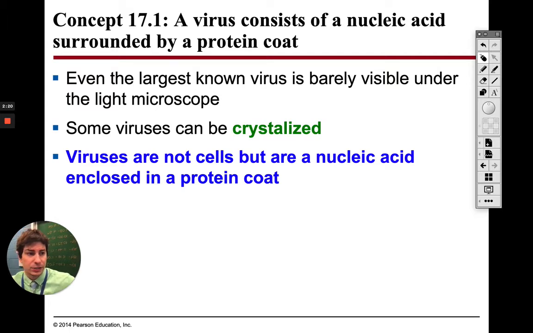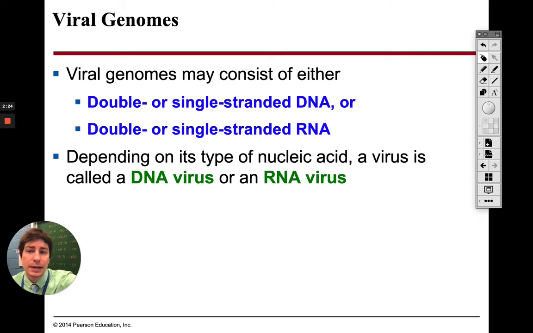All right, and as we already talked about with the blue bullet there, viruses are not cells. They're pretty much just some kind of genetic material inside a protein coat. Now, viruses can be a little different than us. We know our bodies, we have DNA, and that's pretty much all we have that gives us all of our instructions. Now, the DNA for us can go to RNA and turn into a protein, but viruses are a little bit different.